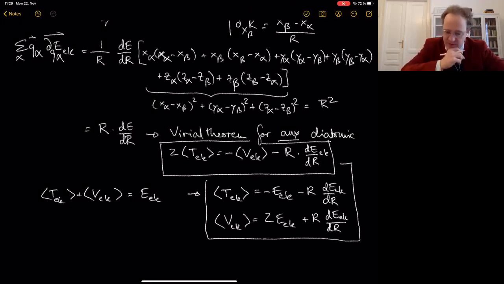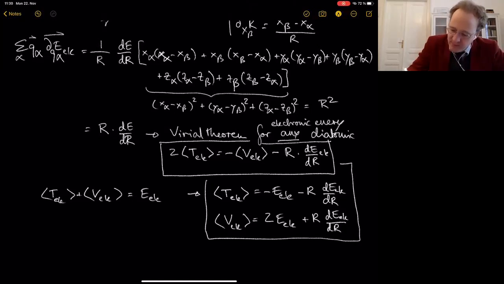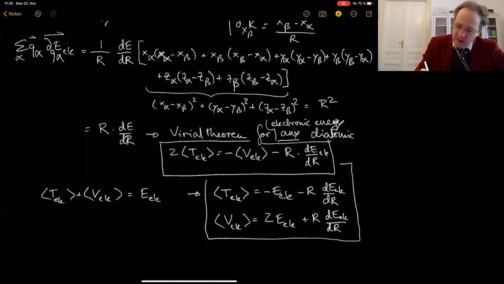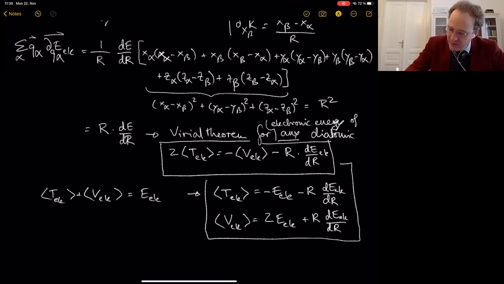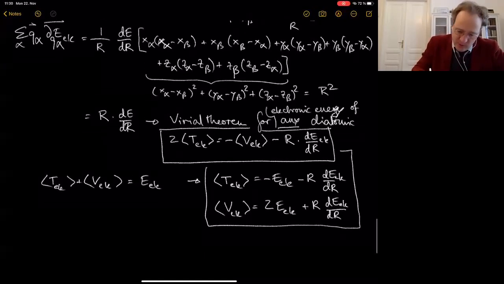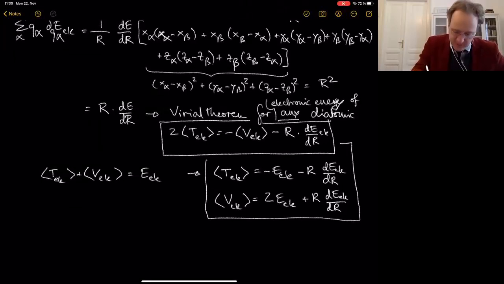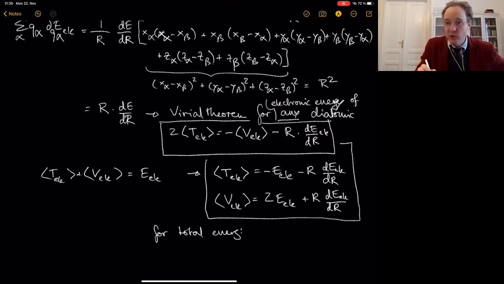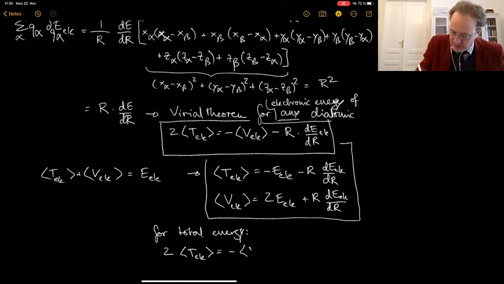So this is the electronic energy of any diatomic, and now we can do the Virial theorem for total energy, that means including the nuclear repulsion, you have 2T minus V tot minus R dr U. Yeah.